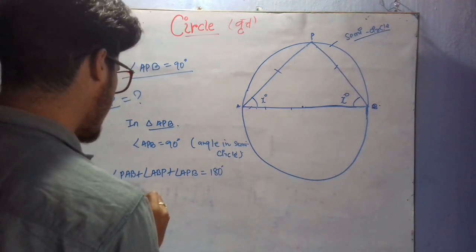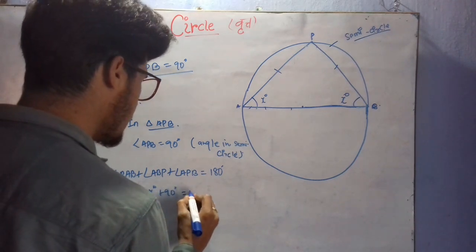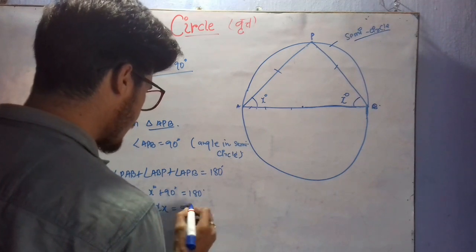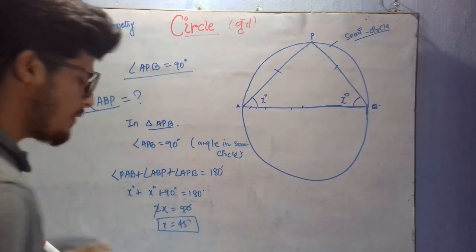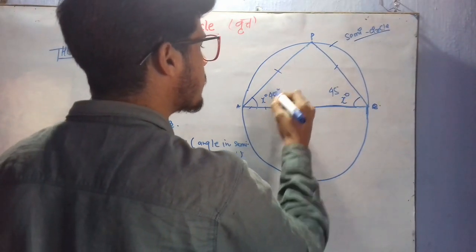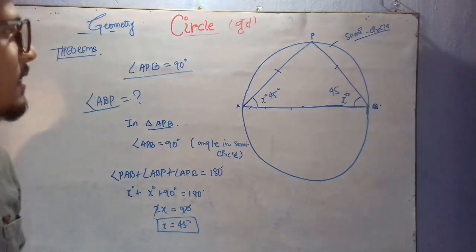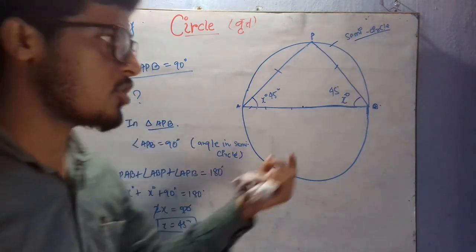So this will be x plus x plus 90 degrees equals 180 degrees. So 2x equals 90 degrees, x equals 45 degrees. So we have the value of x, that is the angle will be 45 degrees and this will also be 45 degrees. So you have seen that in a very easy way we can solve those questions if you have a basic knowledge about the theorems of a circle.